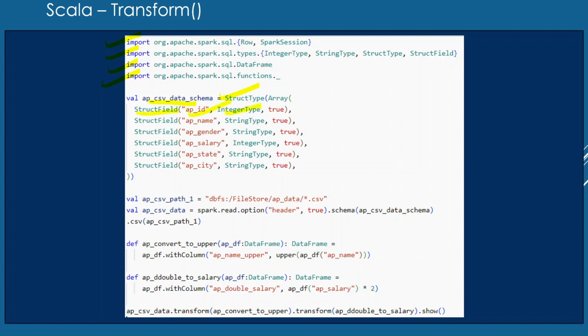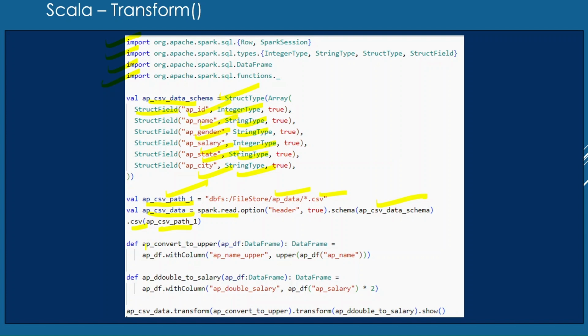So I am creating 6 columns here and their data types with the help of StructField. Here I am creating a variable where I am storing the path of a folder where multiple CSV files are present. With the help of the spark.read.csv function, by passing this address of the CSV, I am creating this data frame with the help of this custom schema.